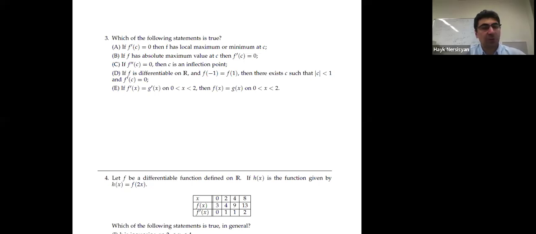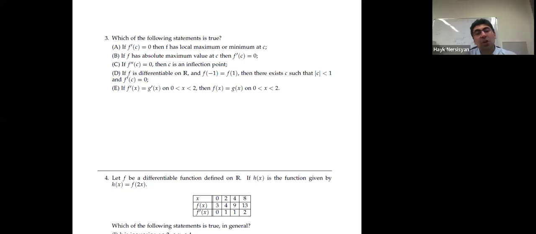If f prime of C equals 0, then f has a local maximum or minimum at point C. Guys, is this statement correct? No. It's not, because what can we say if the derivative at C equals 0? What is the conclusion from f prime of C equals 0?